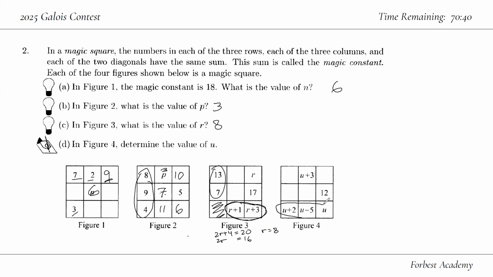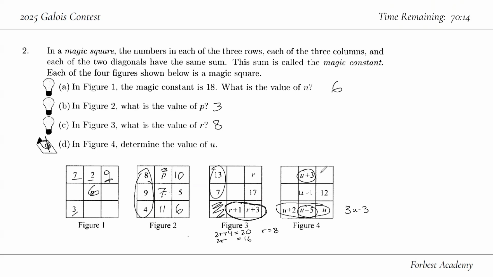Here we have 3u minus 3. This makes 2u minus 2, so we would have a u minus 1 here to make 3u minus 3, which is our magic constant.